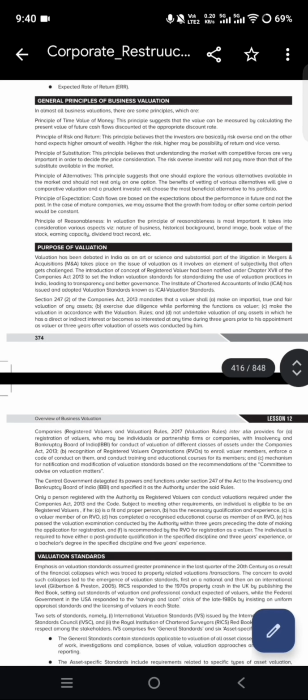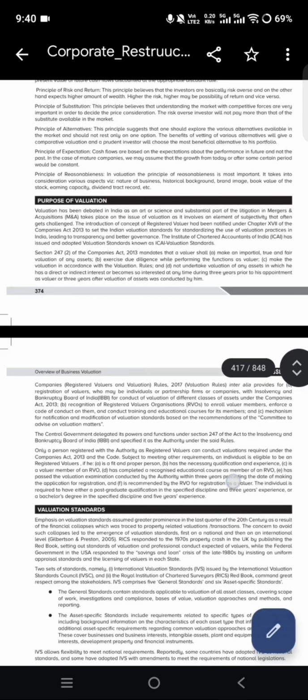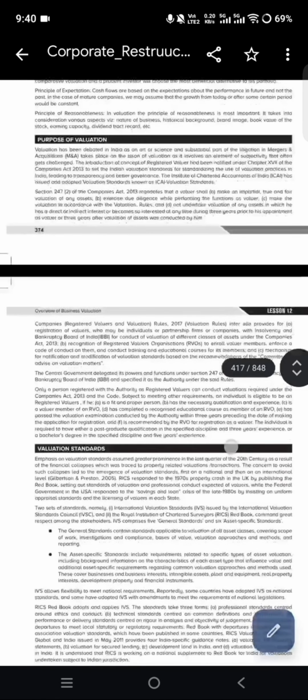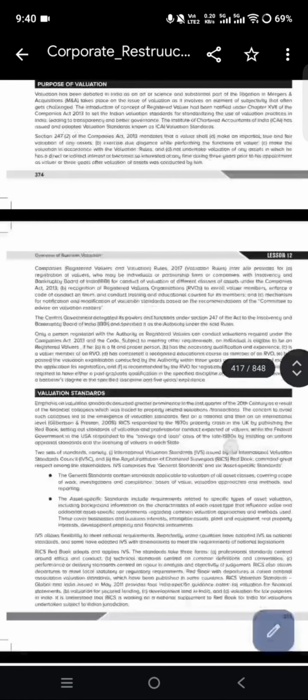So the valuation differs in each method, so the history of the asset is required. They include background information on the characteristics of each asset type that influence value, and additional asset specific requirements regarding common valuation approaches and methods used. These cover businesses and business interests, intangible assets, plant and equipment, real property interests, development property, and financial instruments.